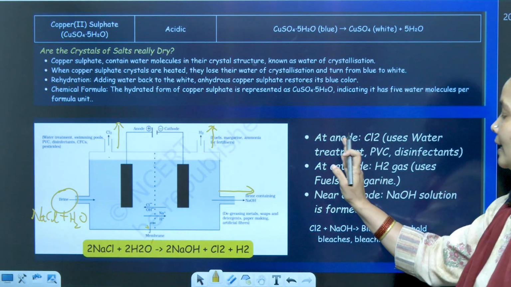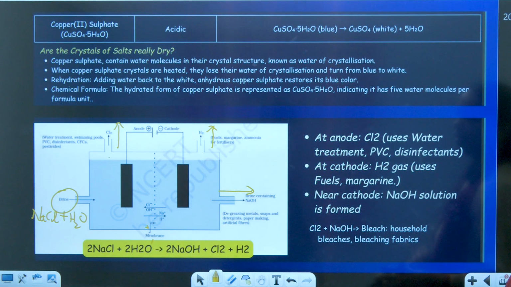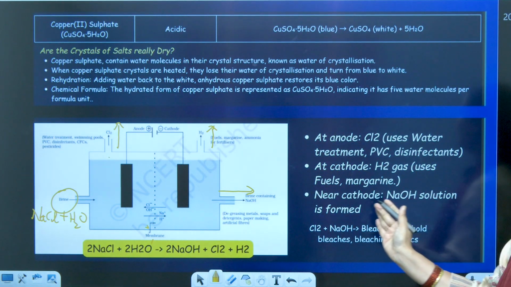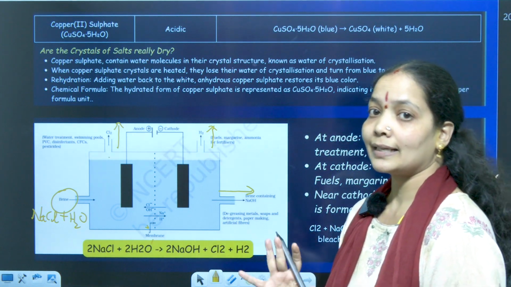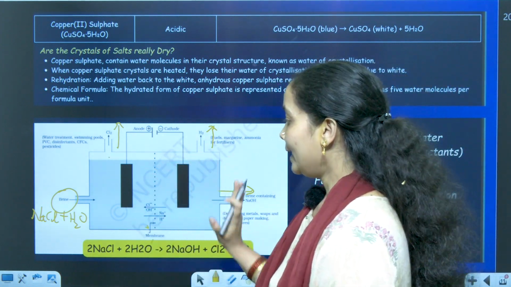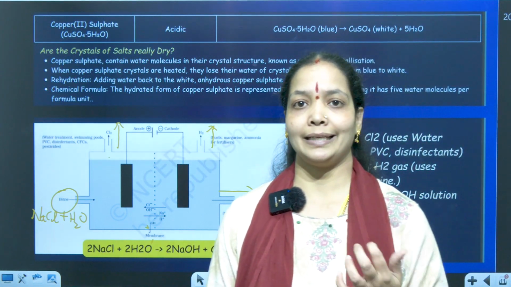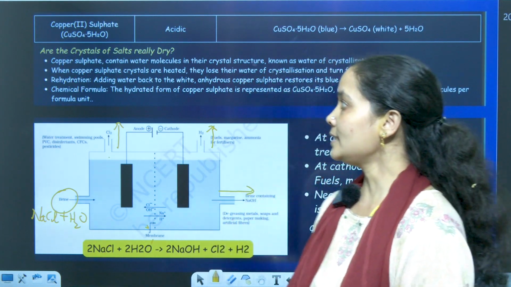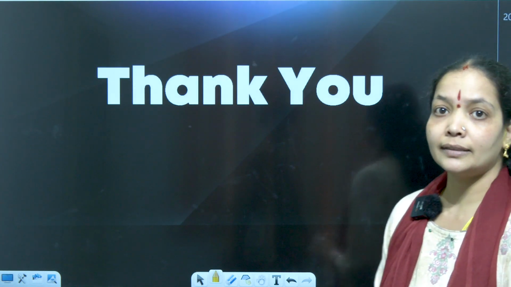In this, at anode chlorine is collected, at cathode hydrogen gas is collected, and near cathode NaOH is formed. So since there is a collection of chlorine and an alkali called NaOH, it is called the chlor-alkali process. So in this chapter, majorly important things and various other inputs on pH, indicators, chemical properties are provided by me.